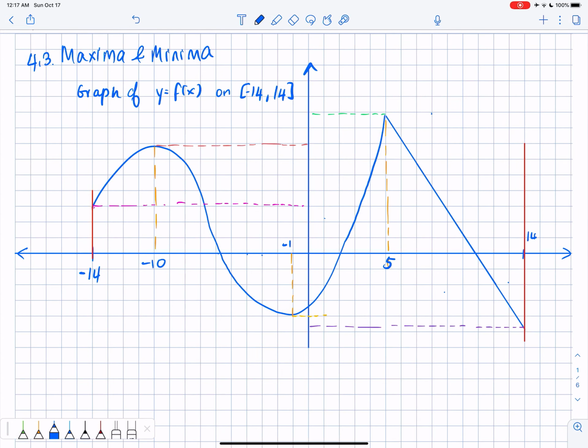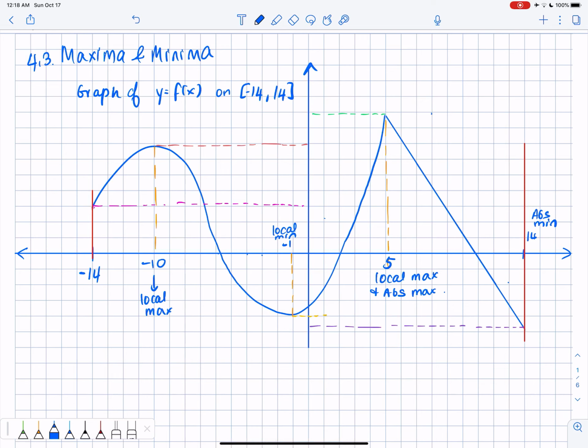Okay, so let's just mark it. This is a local max. This is a local min. This is a local max. And it's an absolute max. And this is an absolute min.